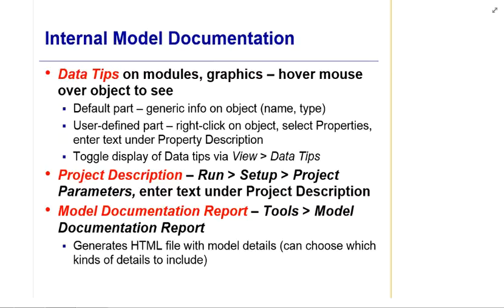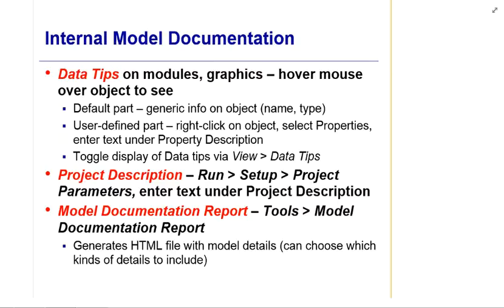Okay, so on the internal documentation of the model, there's a way to look at the data, which is basically just to hover your mouse over the object, and it'll pop up with the pertinent data that is contained there.